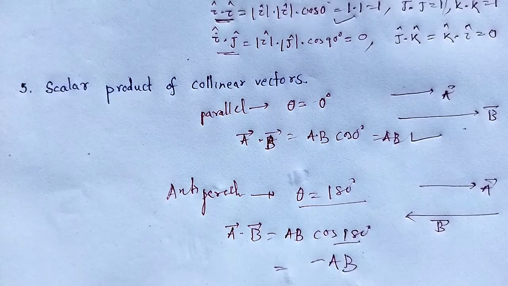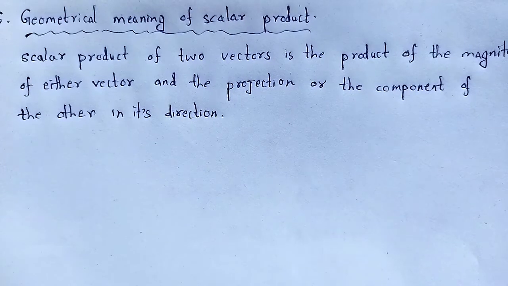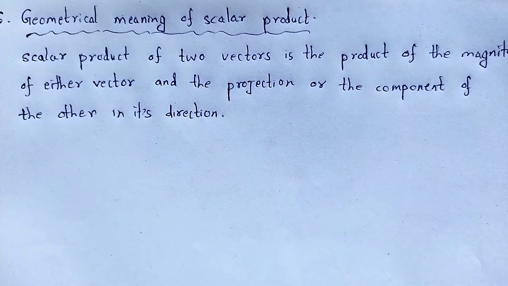Again, we discuss another property of the scalar product, or we can say the geometrical meaning of the scalar product. What is the meaning of A dot B? The result of A dot B is AB cos theta. What is its physical significance, or how can we interpret it geometrically?